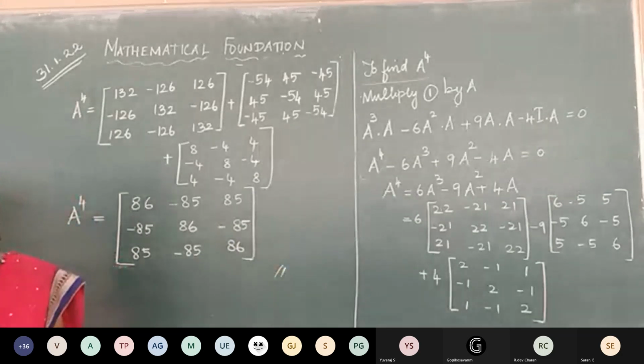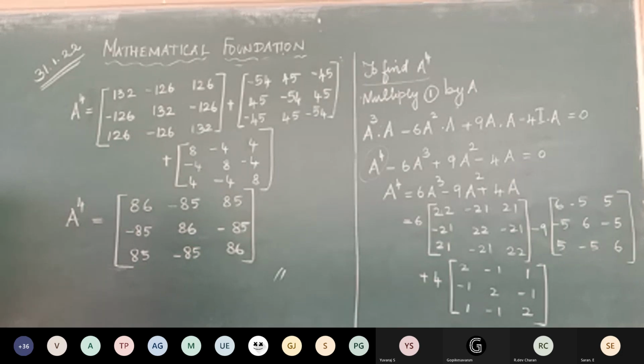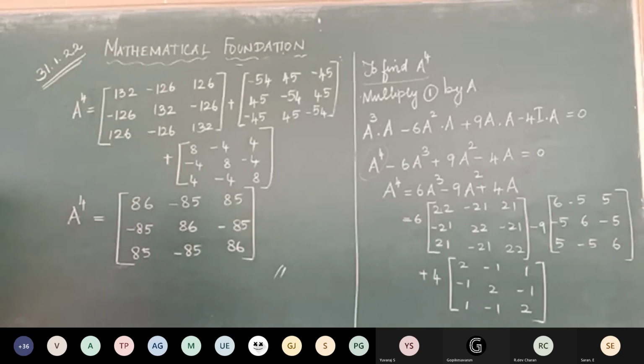So this is how you're finding out your A power 4. Check whether you're getting this value. Yes, you're getting this value.